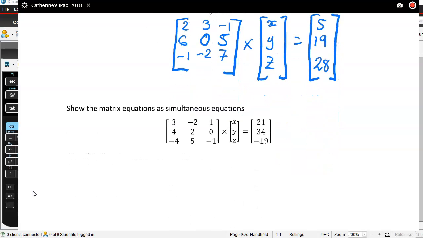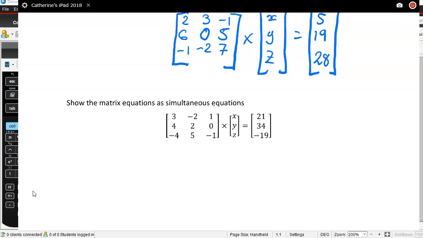Okay, here I have this as these matrices, and we need to show them as simultaneous equations.